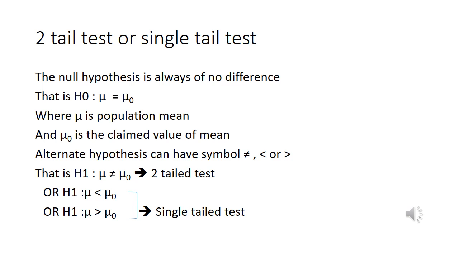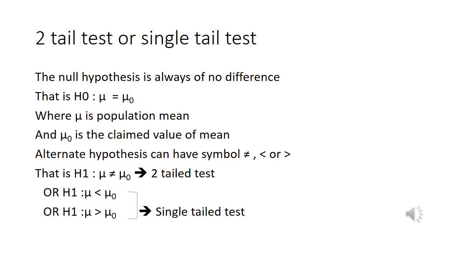So the alternate hypothesis will be mu is greater than mu0. Suppose we are claiming that after giving a particular drug, the number of people getting the disease are less than the previous when the particular drug was not given. In that case, the alternate hypothesis will be mu is less than mu0.